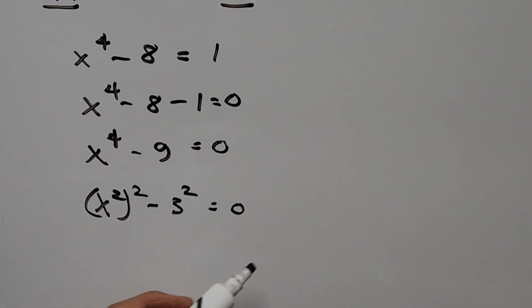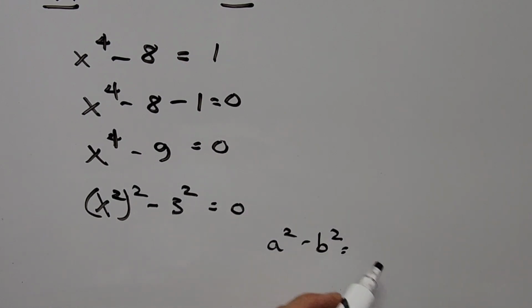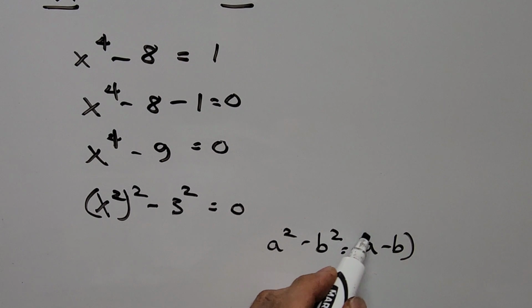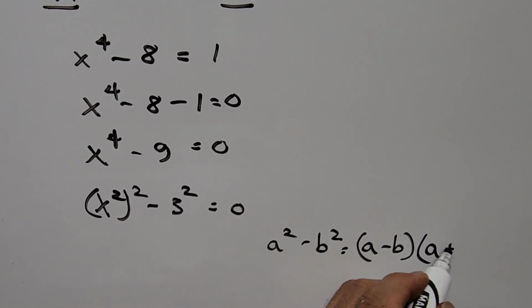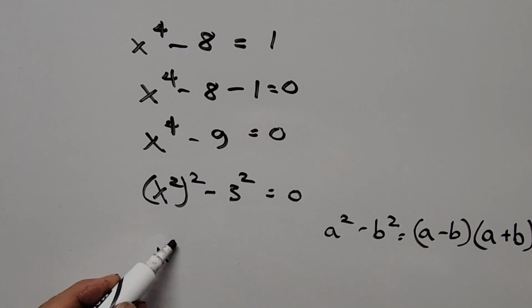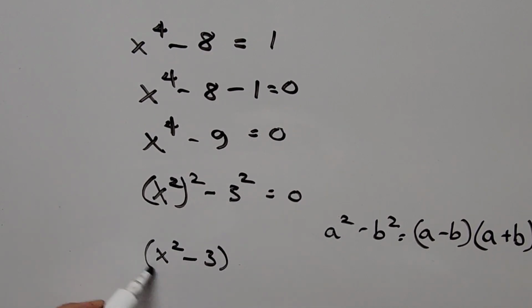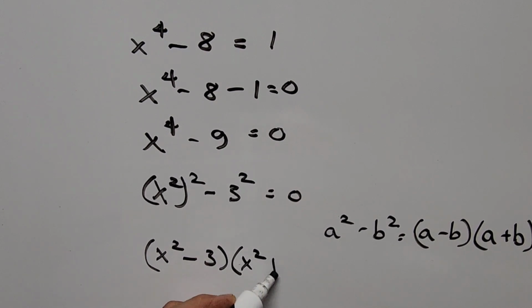So we have a formula that is a squared minus b squared, which is equal to a minus b times the quantity a plus b. So from here on our equation, a is x squared, b is 3: x squared minus 3, times the quantity x squared plus 3.